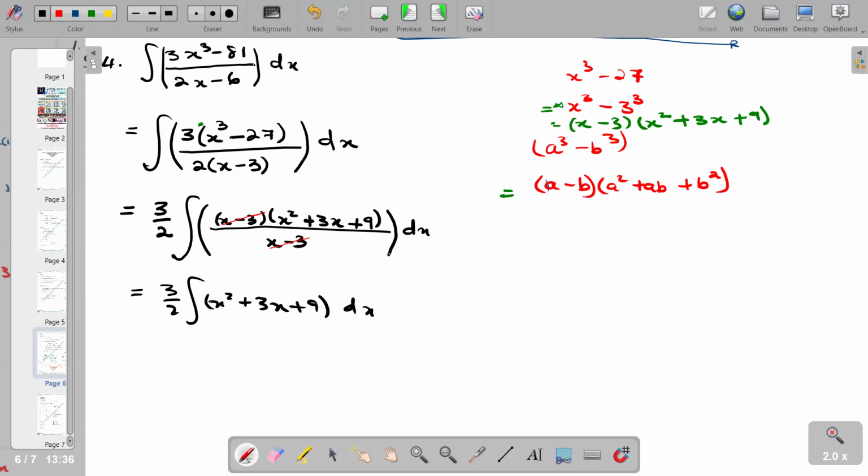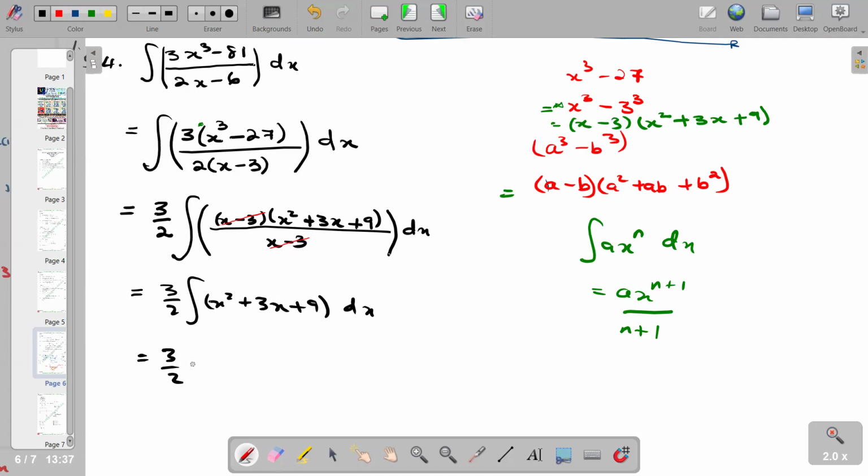So to integrate this, we are now to apply the theorem, which is saying the integral of ax to the power n with respect to x will be equal to ax to the power n plus 1 all over n plus 1. Therefore, it means we are going to be left with here 3 over 2.